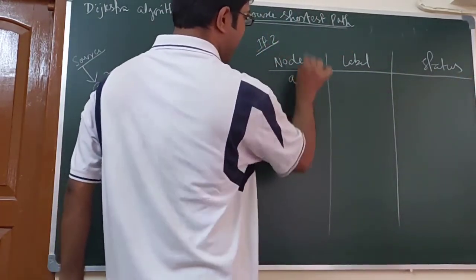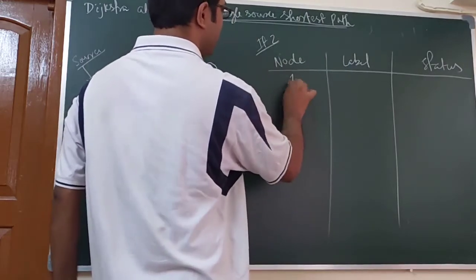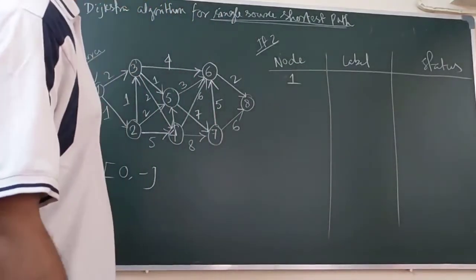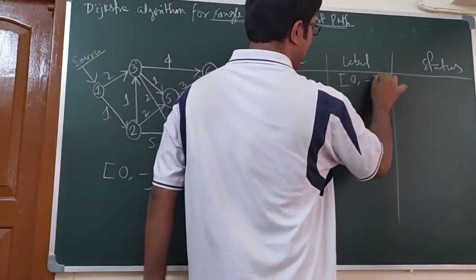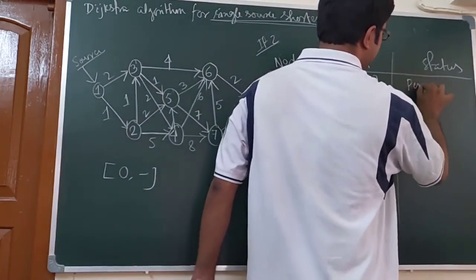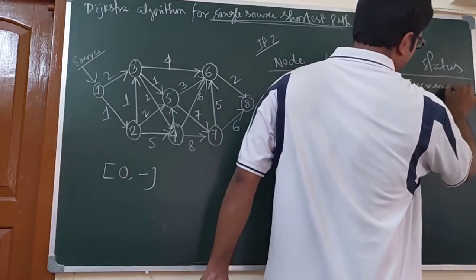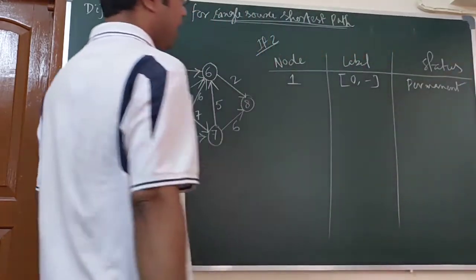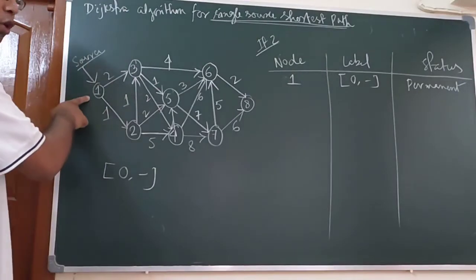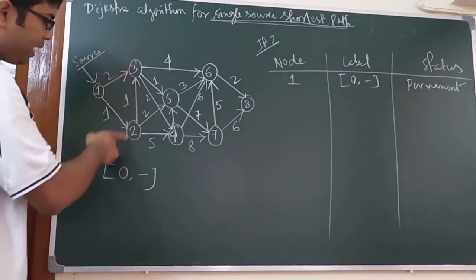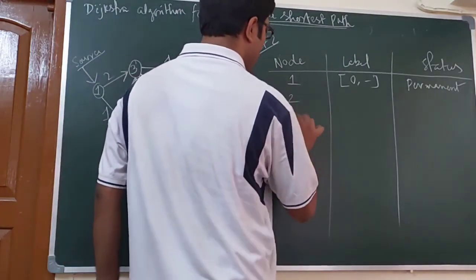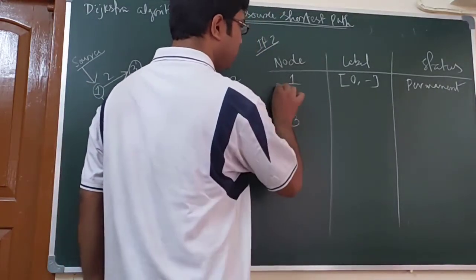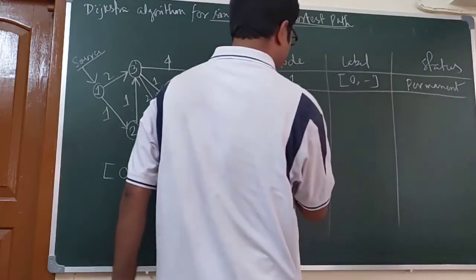The first node is 1, its level is 0, null, and its status is permanent. Next, from node 1, node 2 and node 3 can be accessed.